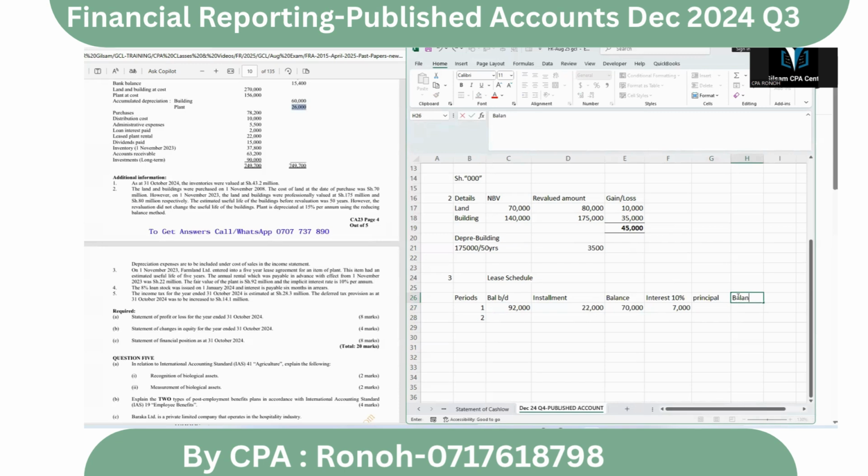But if you know how to do the loan amortization also, it's simple. There's another way also which you can do it, so long as you're getting the correct interest. What matters is the correct interest, because this is what we are looking at for us to get the interest expenses, nothing else more. So maybe the principal in this case will be the balance plus this.